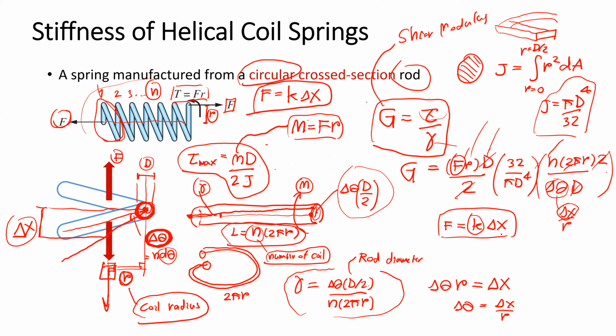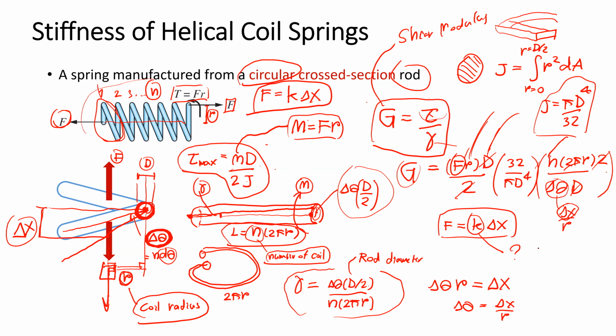When we rearrange the equation, finally we can obtain K in terms of shear modulus, radius of coil, diameter of the rod, and number of coils.